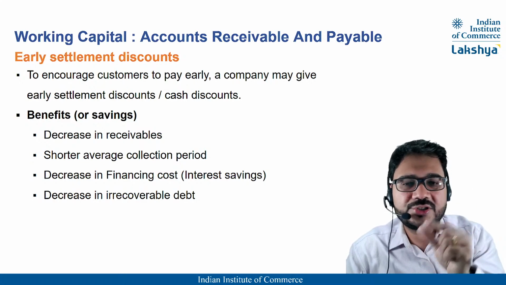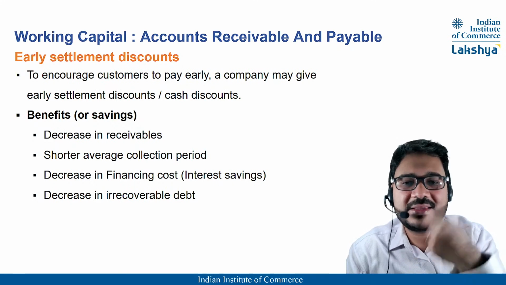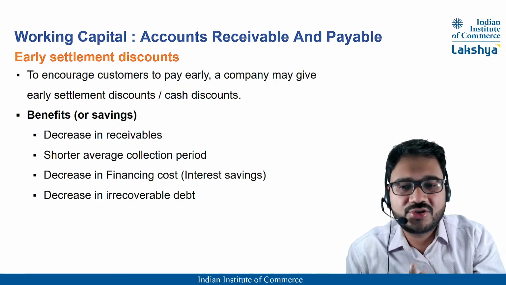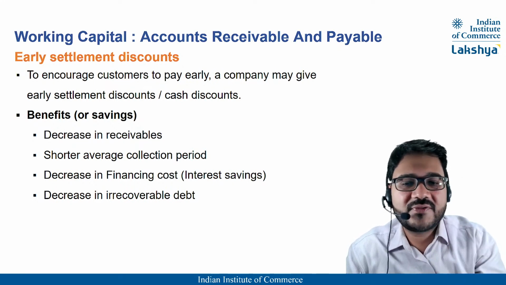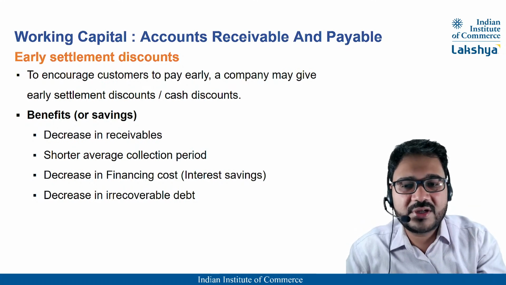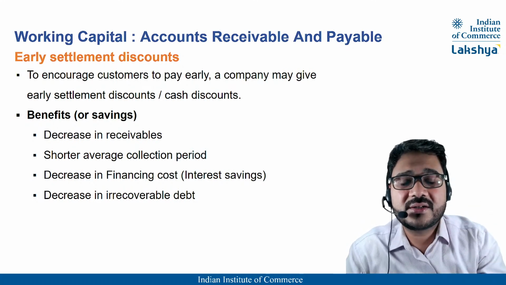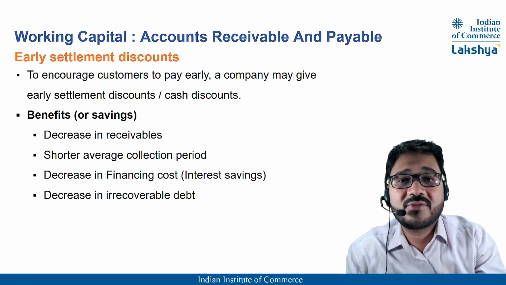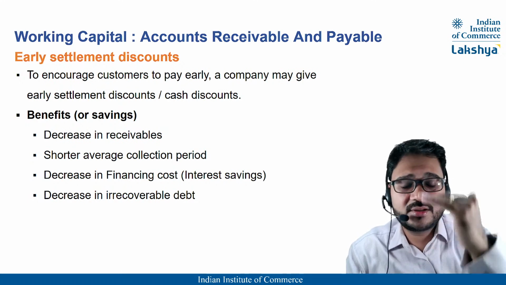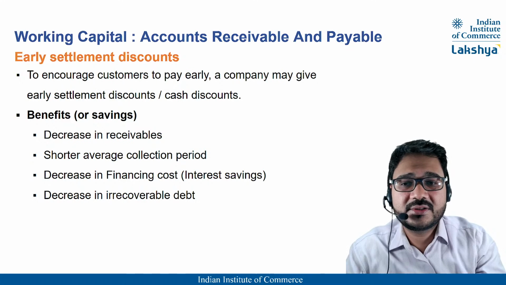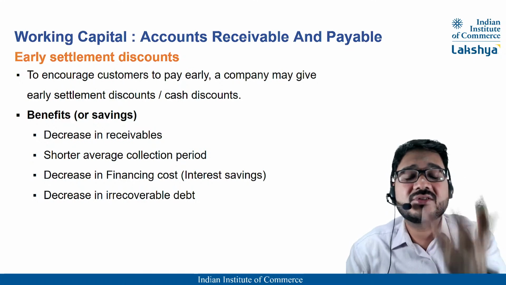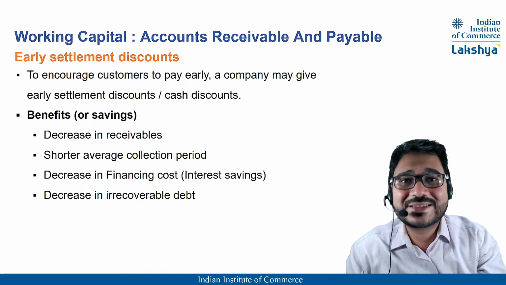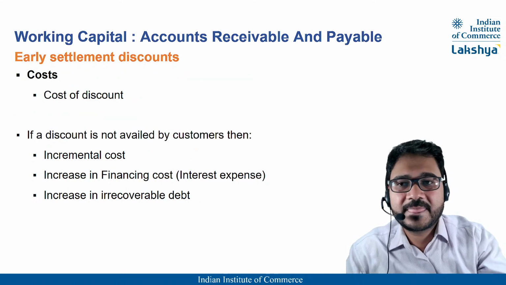Since the collection period shortens, you have to pay less interest, your funding cost drops basically. So decrease in financing cost, the interest that you are saving, decrease in irrecoverable debt, lesser risk of bad debts or lesser amount of bad debts. All these are benefits of offering a discount, right?